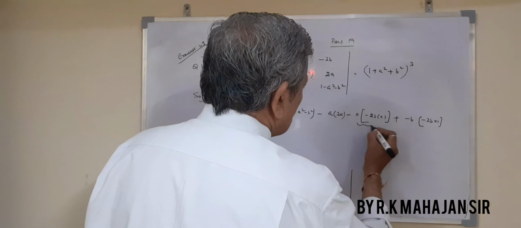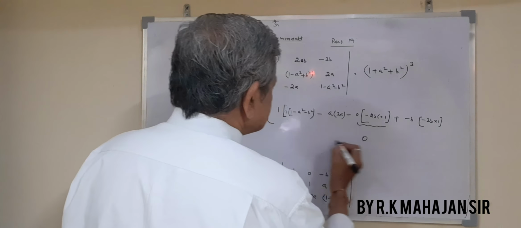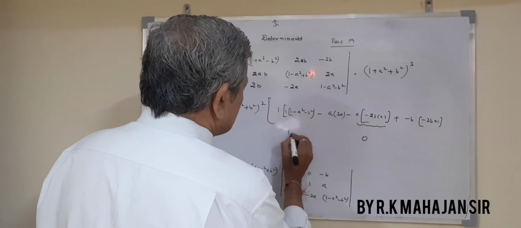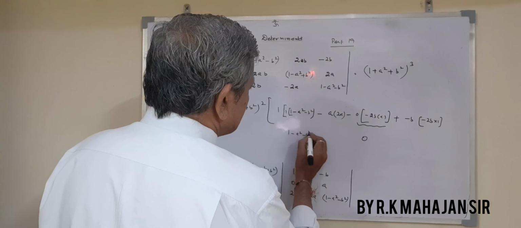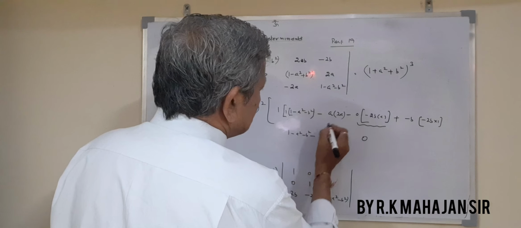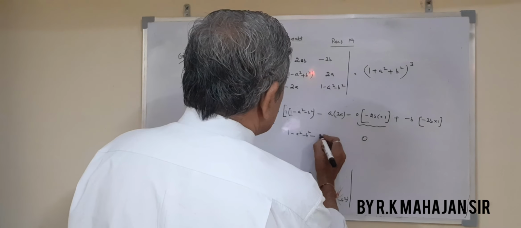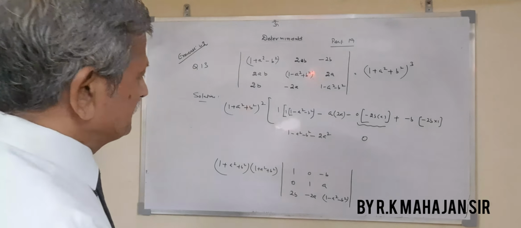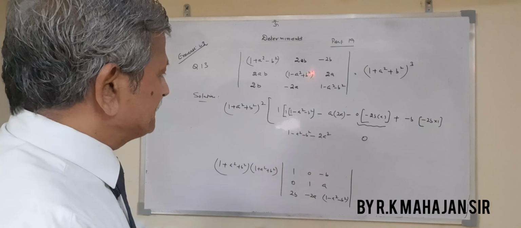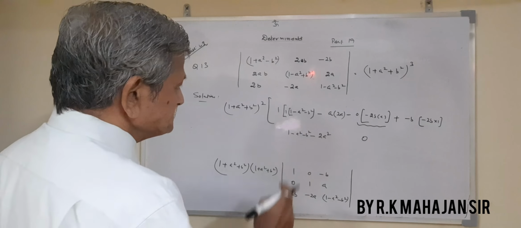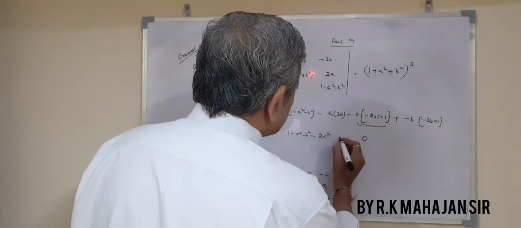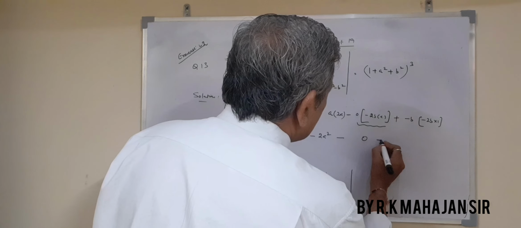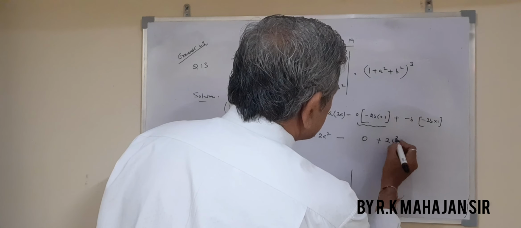So this whole part goes to 0, and this part is 1 multiplied with this one, it gives you 1 minus a square minus b square minus 2a square, right? So minus 2a square, and this part is 0 and this part is plus 2b square.